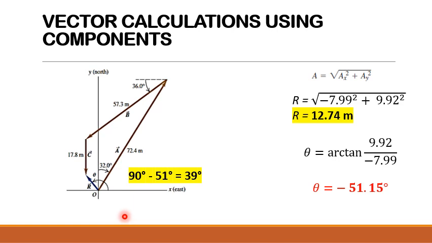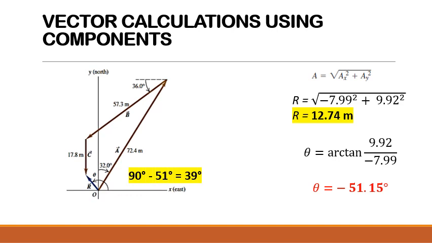Take note, the negative 51.15 degrees is formed from the negative x-axis. We are trying to solve the angle from the positive x. So if we are going to use the angle from the positive y, then the answer is 39 because 90 minus 51 is 39 degrees.